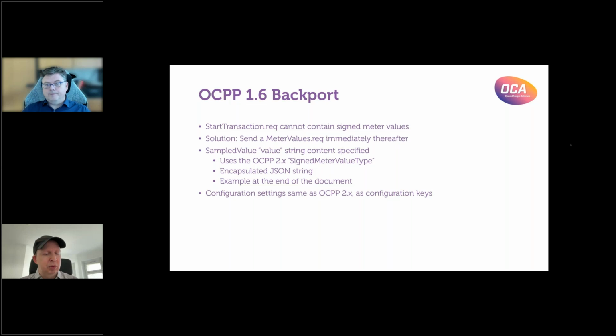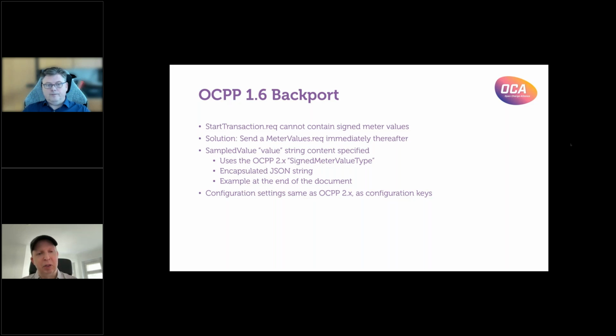Also, 1.6 specified that the sampled value field is a string that can also contain raw values, which is normally used now, but it can also contain signed values. But what's in there when you configured signed values was not specified at all. So we filled that gap, saying, okay, if you follow this white paper, this sampled value field in the OCPP 1.6 meter values request contains the signed meter value value type that is specified in 2.x.